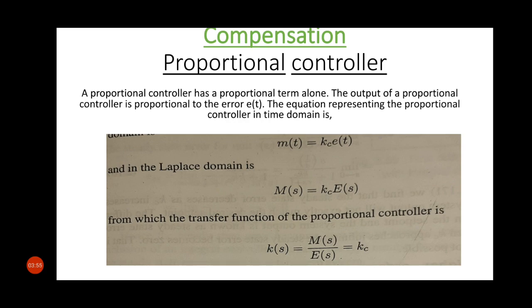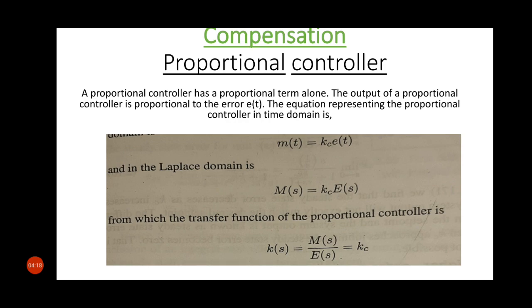A proportional controller has a proportional term alone. The output of a proportional controller is proportional to the error e(t), that means the difference between the set point and the measured value.